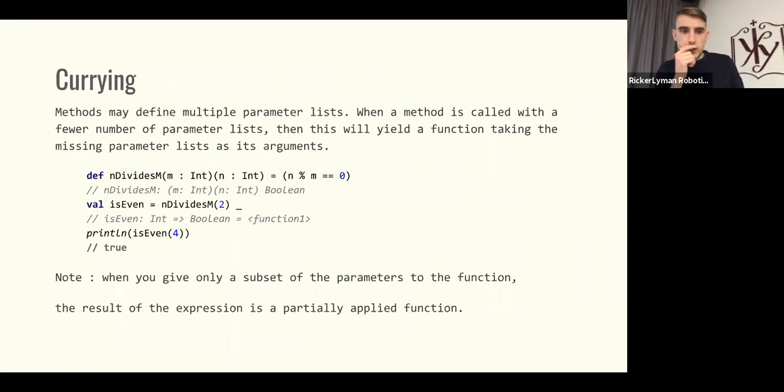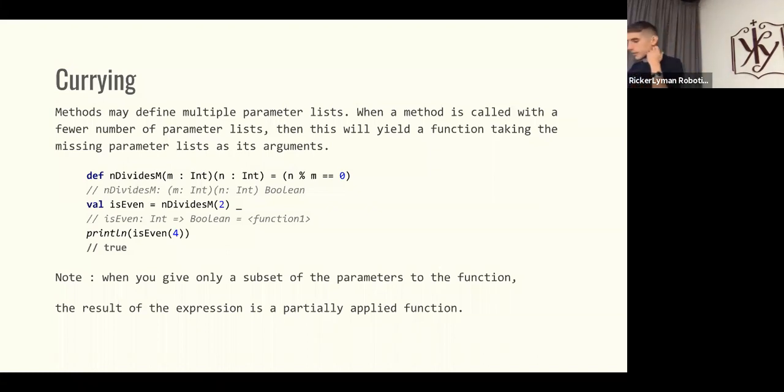Another thing is called currying, named after Haskell Curry, who invented a lot of stuff in functional programming. Somebody asked last time about this syntax with multiple parentheses, multiple argument lists. When we define a function like that, wrapping each argument in its own set of parentheses, we define the curried function.